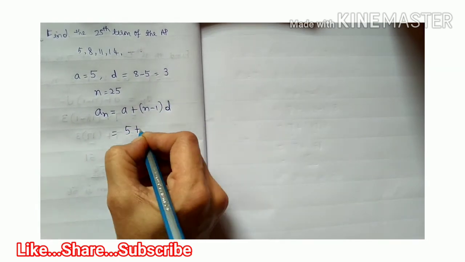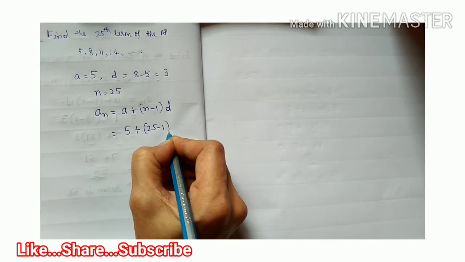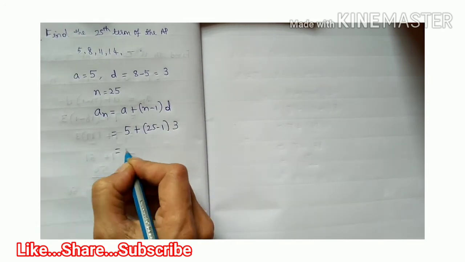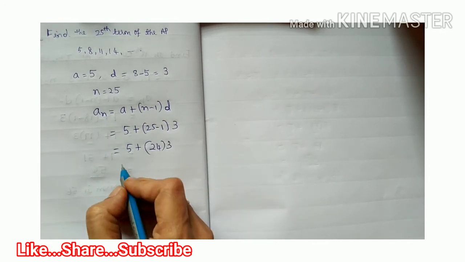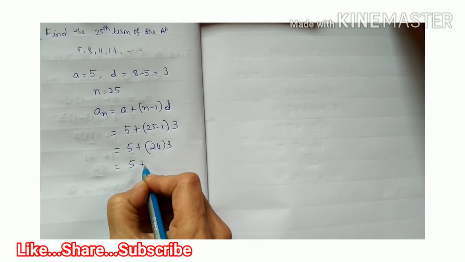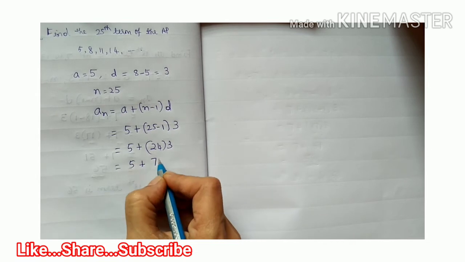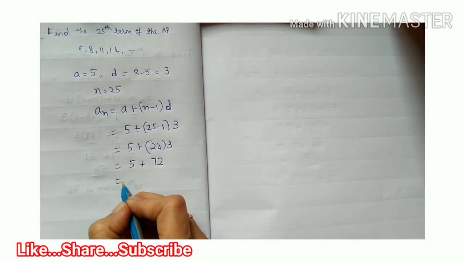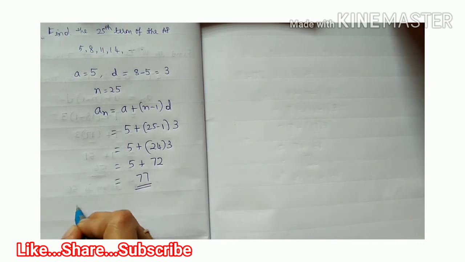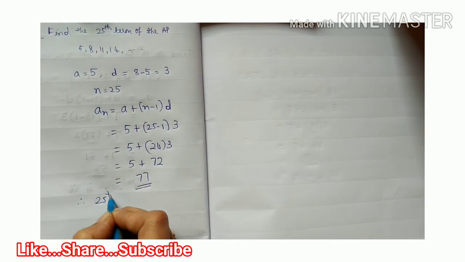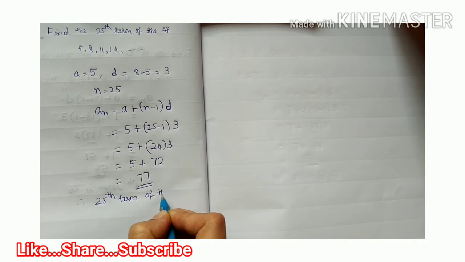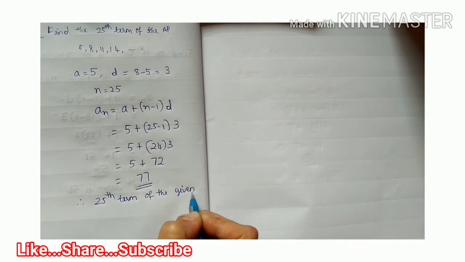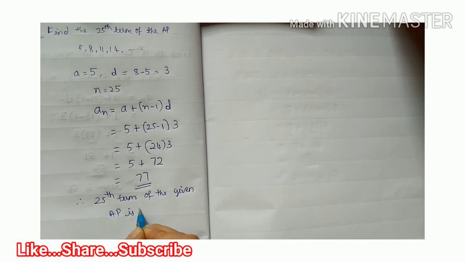That is 5 plus 25 minus 1, d is 3. Therefore 5 plus 24 into 3, which is 72. 72 plus 5 is 77. Therefore the 25th term of the given AP is 77.